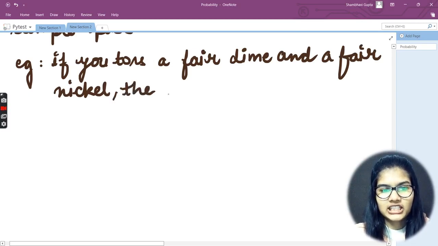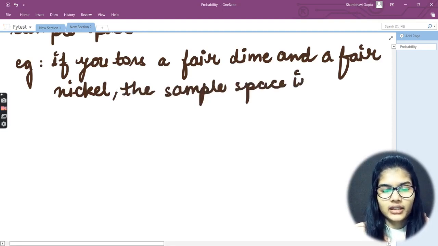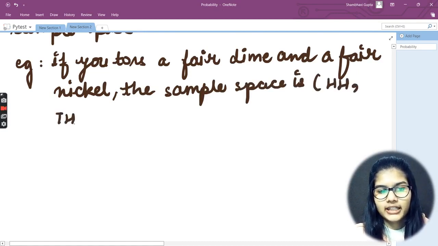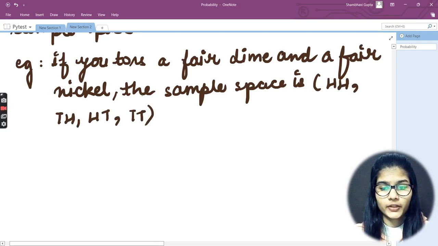The sample space is HH, TH, HT, TT, right? This is the sample space if you toss two coins simultaneously.